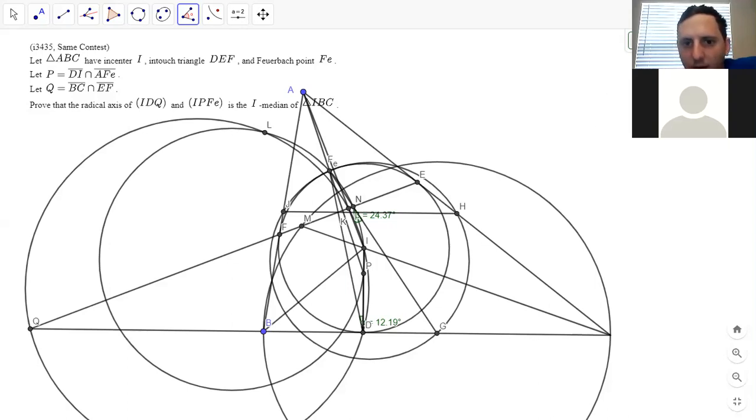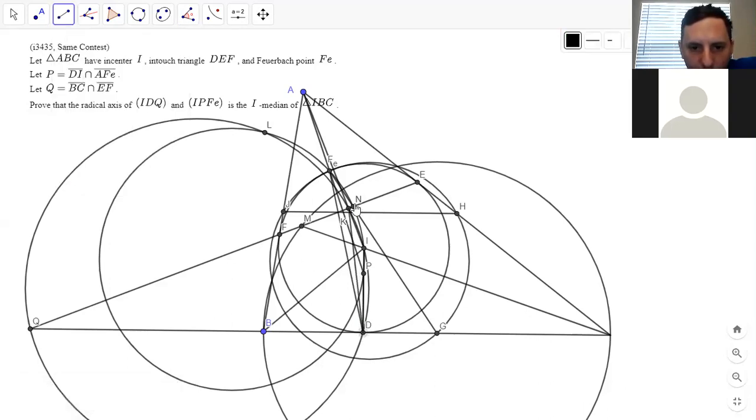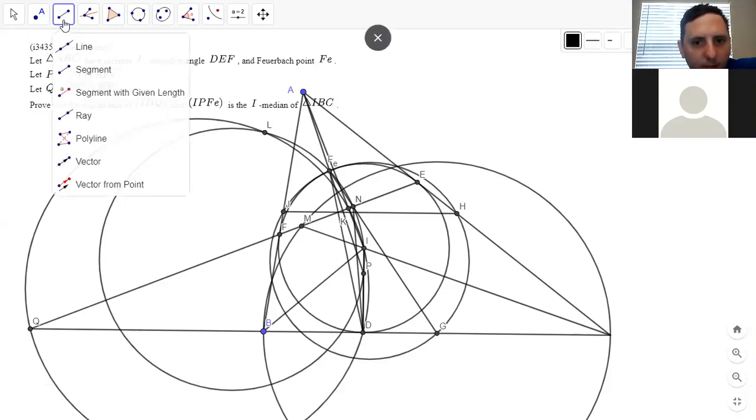Interesting. Okay, so we want to look at angle DNG, and basically we want to show FEDP is half that.